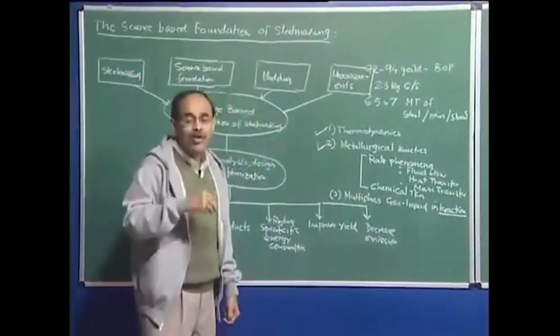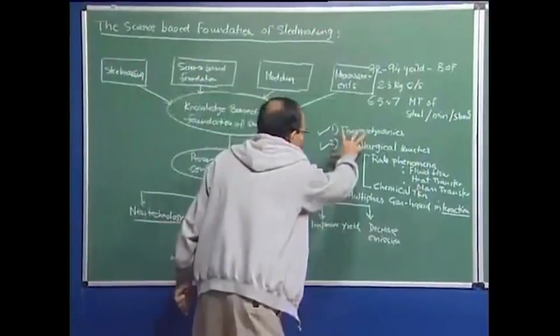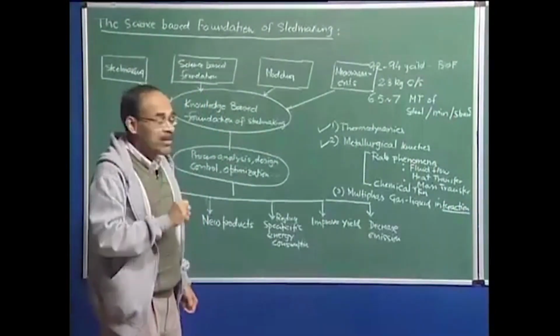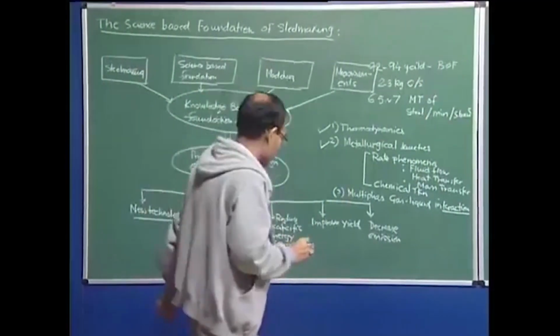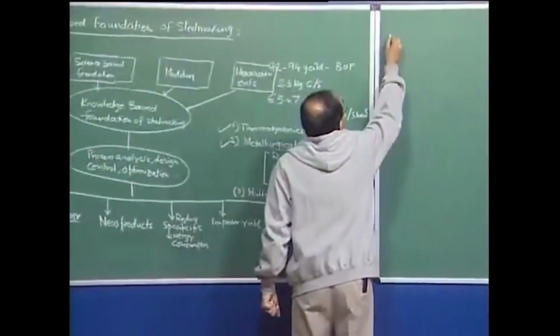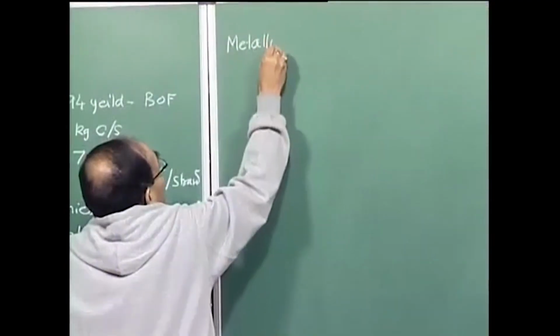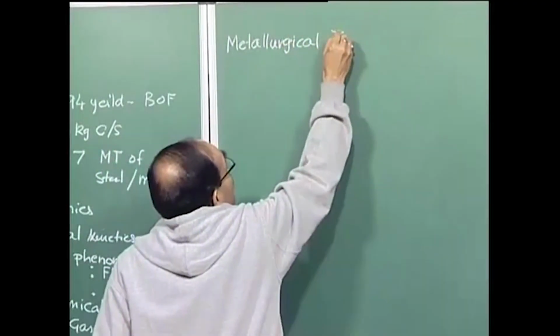So, before we can address all those advanced topics, it is worthwhile for us to briefly examine the key concepts of thermodynamics and metallurgical kinetics that are relevant to steel making. So, let us talk very briefly about the key concepts, first, metallurgical thermodynamics.